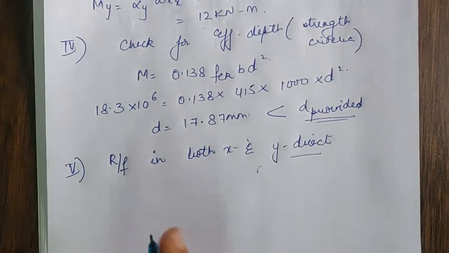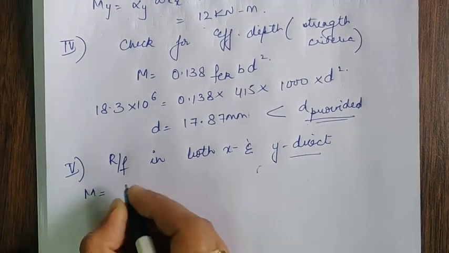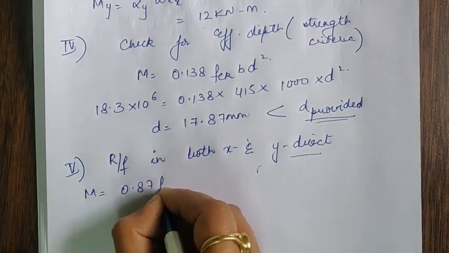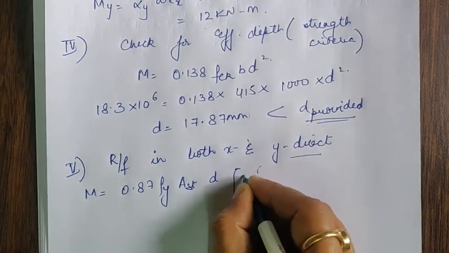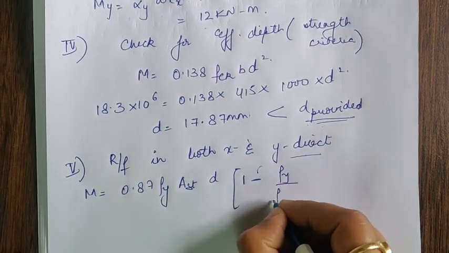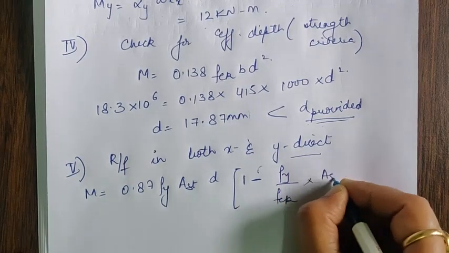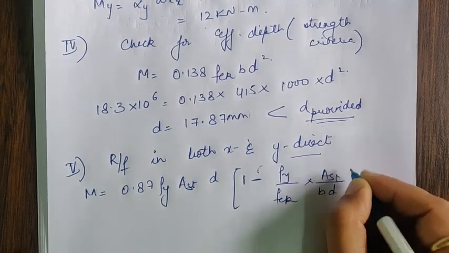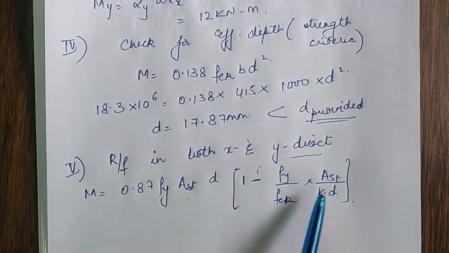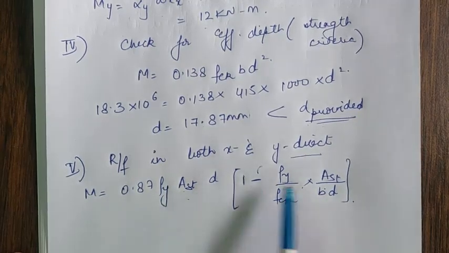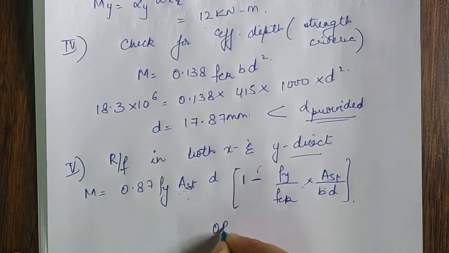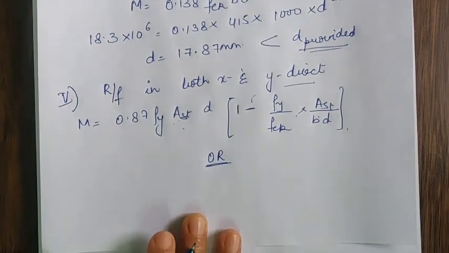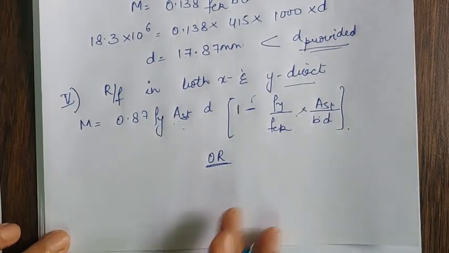We have been using the formula, that is moment is equal to 0.87 Fy AST D (1 minus Fy AST upon Fck BD). It used to be a quadratic equation. Solving that quadratic, we used to get the value of AST. Now if I rearrange the terms, I will not have to use the quadratic.